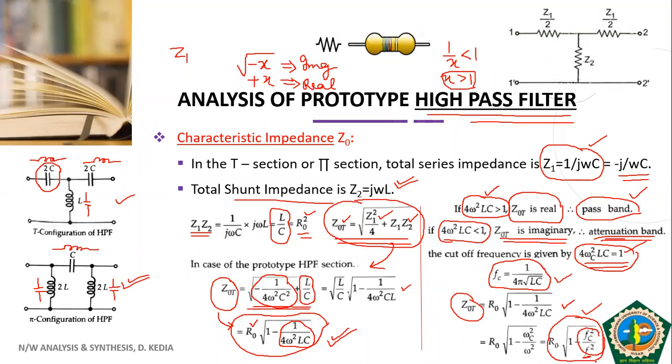So for all the frequencies F greater than FC, your filter is having positive characteristic impedance, means it is the pass band. It means it is passing the high frequencies. Whereas if F is less than FC, means lower than cutoff frequency, your Z naught T will be imaginary, means the stop band. I hope now you are able to correlate your characteristic impedance, your cutoff frequency with the concepts that we have developed so far. So this was your high pass filter.